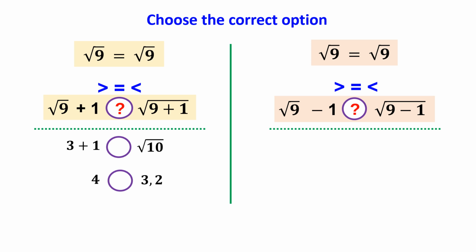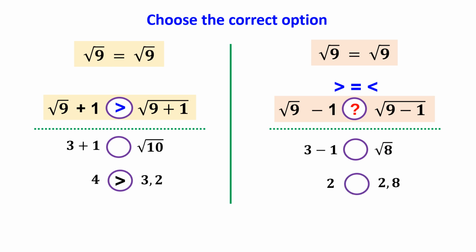So the left-hand side has become less. There we have the square root of 9 minus 1, which is 3 minus 1, and on the other side we have the square root of 8, which is almost 3. So the value has become larger.